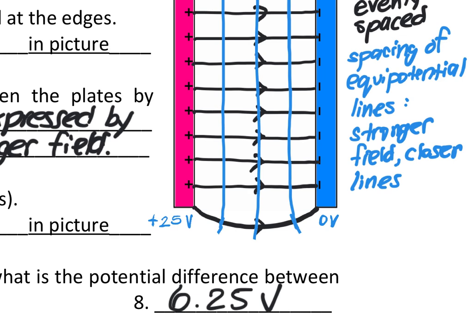And so as we go across the field, the voltage changes proportionally. So in the middle here, we would have 25 divided by 2, that would be 12.5 volts. And then half of that is 6.25 volts. And then in between 25 and 12.5 would be 18.75 volts.